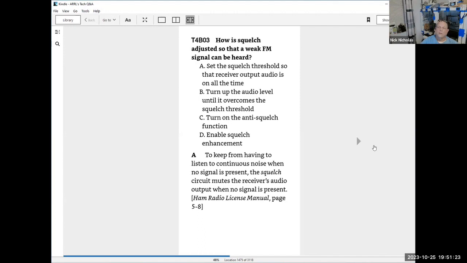So answer A, set the squelch to the threshold so that the receiver audio is on all the time, is correct because if it's very weak, it won't be strong enough if you set the squelch up to any level. It nullifies having squelch on that radio.